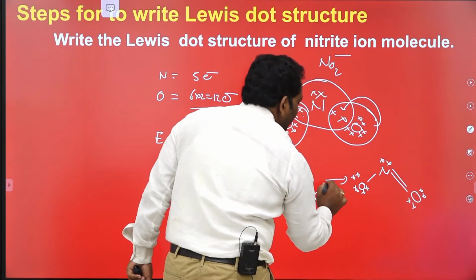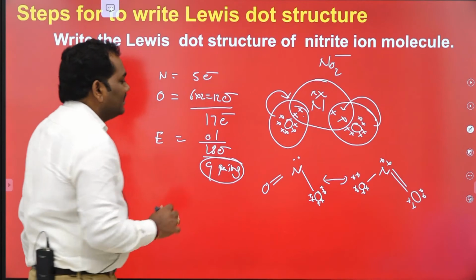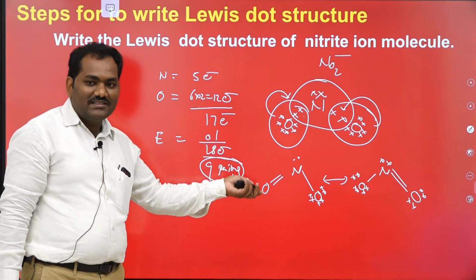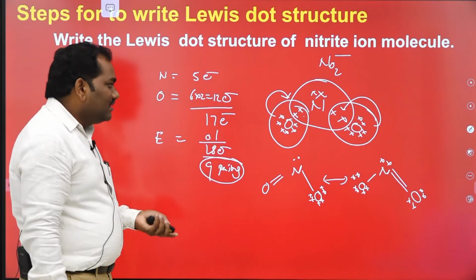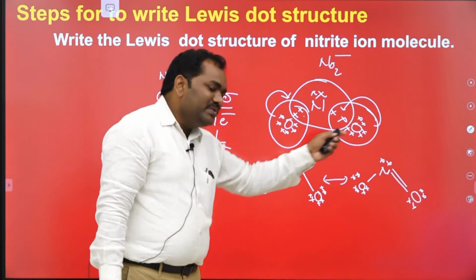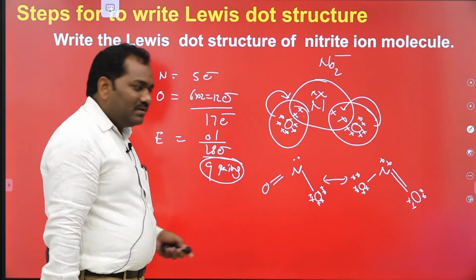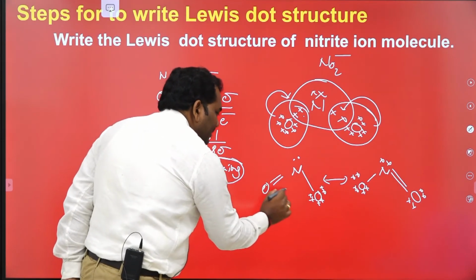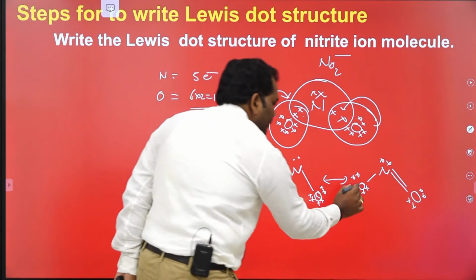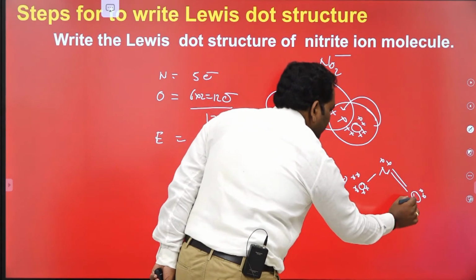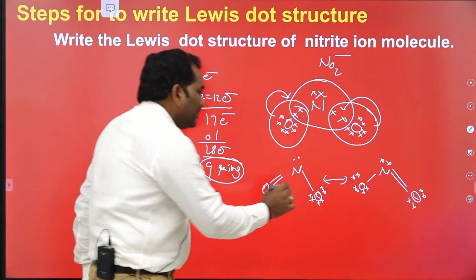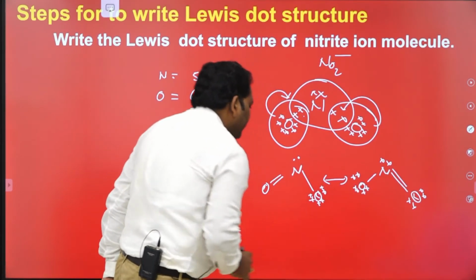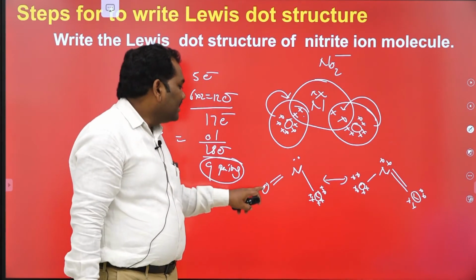So these are called resonance structures. Already we discussed what resonance structures are. These electrons are continuously transferred either from this oxygen atom or this oxygen. This is considered as 1 and this is considered as 2. In the first case, the double bond is present between one oxygen and the nitrogen atom.